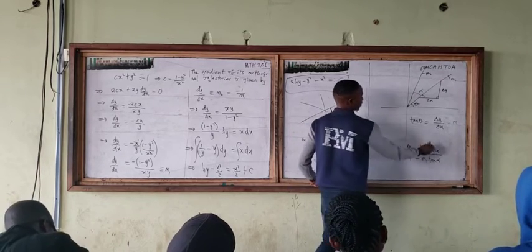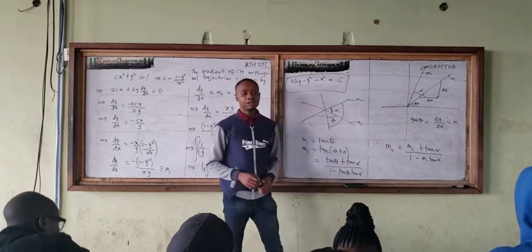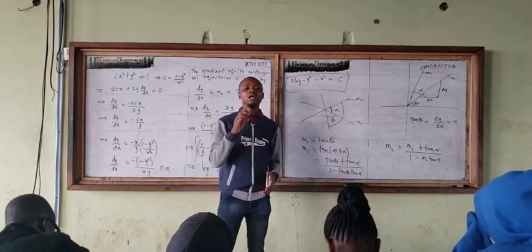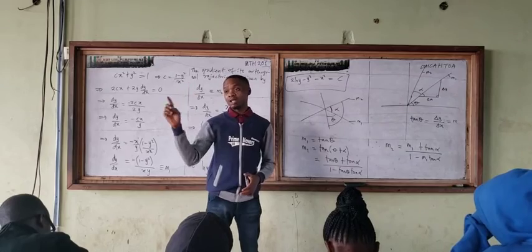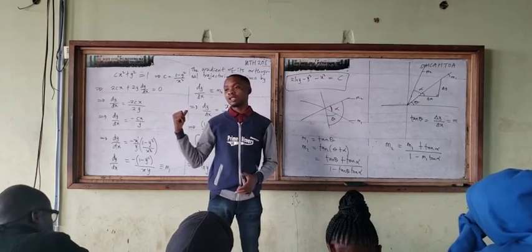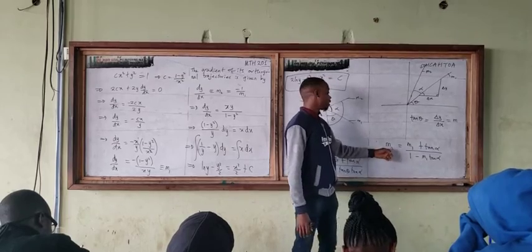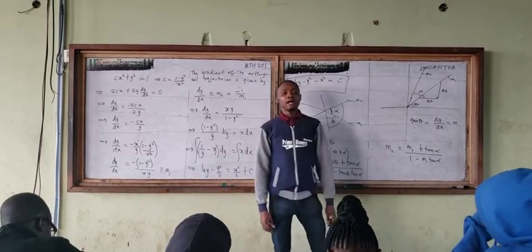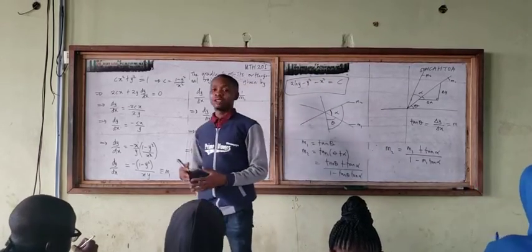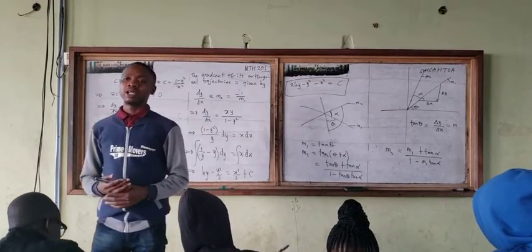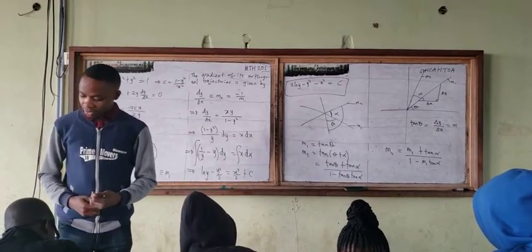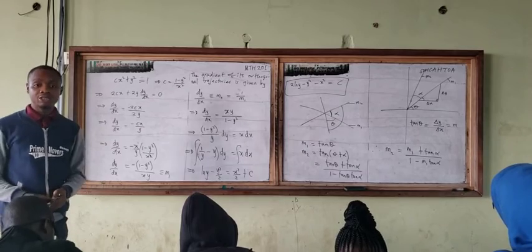So this will give us the gradient of that new family of curves. So instead of using M2 equals minus 1 over M1, which we used for orthogonal trajectories, in the case of oblique trajectories, we will use this formula to get our new gradient, and then we will solve the differential equation as before to get the oblique trajectories.